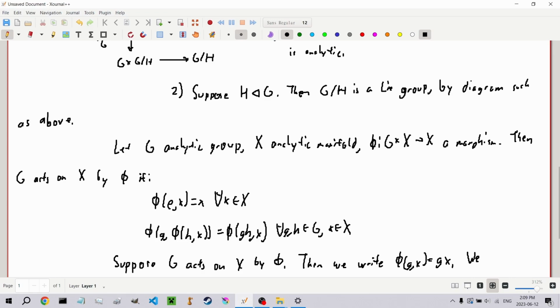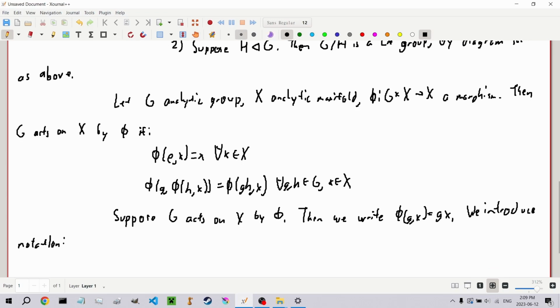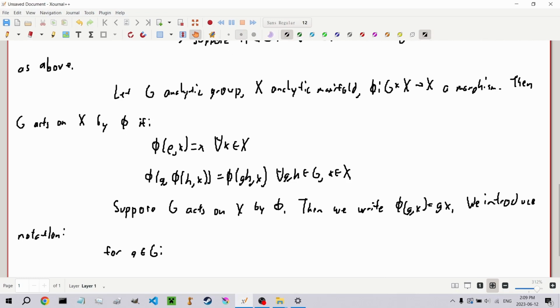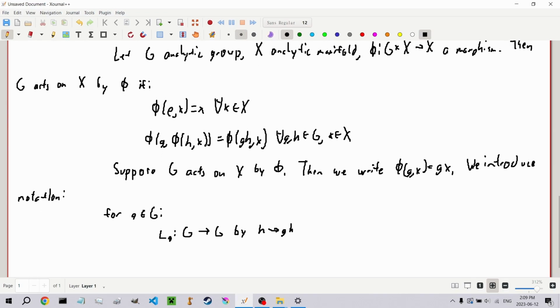And we introduce some additional notation here just to make things a bit easier. So for an element g in G, L_g is going to be left multiplication in G by g, and M_g is going to be left multiplication in X by g.